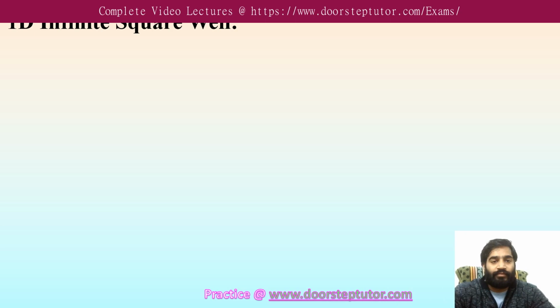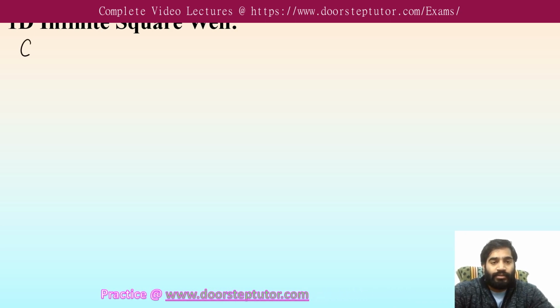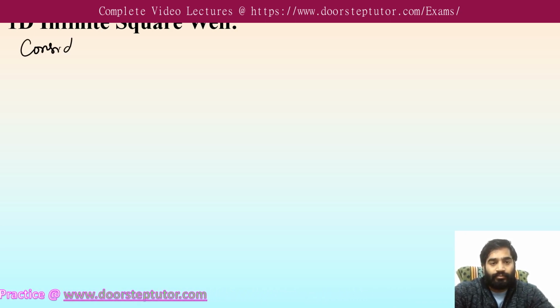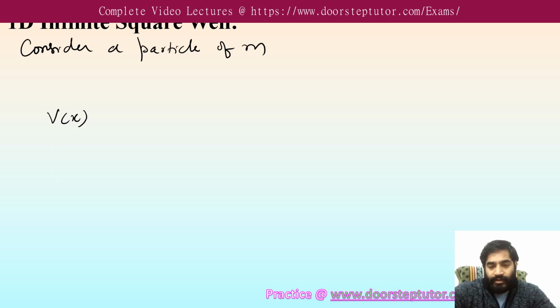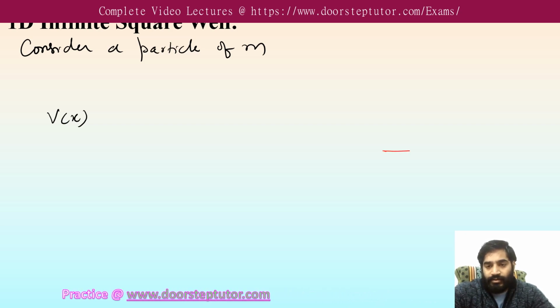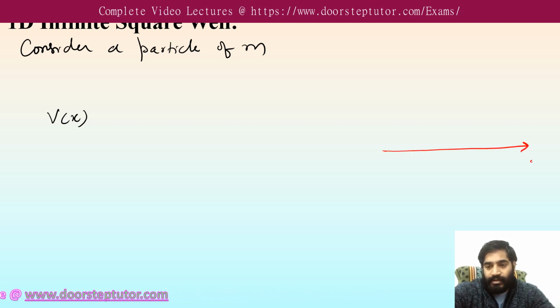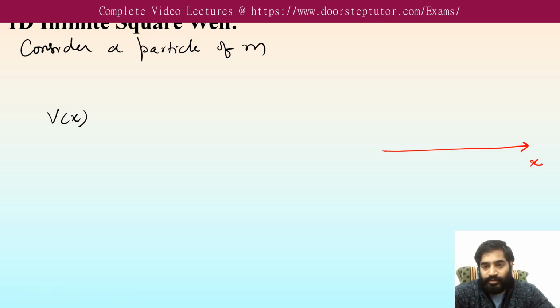So we start with the infinite potential. For this we consider a particle of mass m, and it is defined in a certain region. You can understand that region in this way: this is the x-axis and this one is the y-axis.